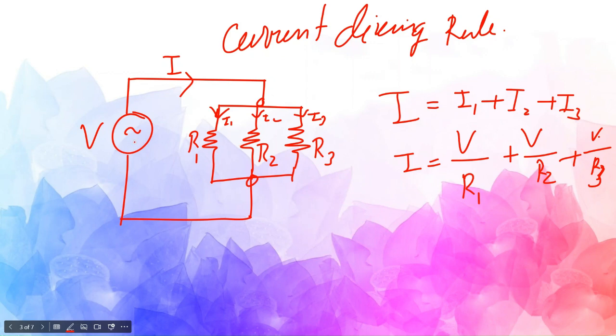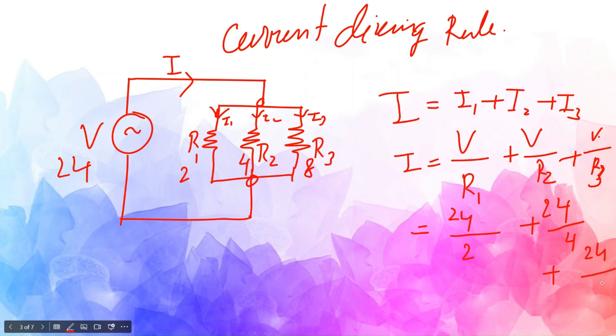Now let me put some values in this. If this is 24 volt, and the resistances are 2, 4 and 8, then you can simply calculate this: 24 by 2 plus 24 by 4 plus 24 by 8.